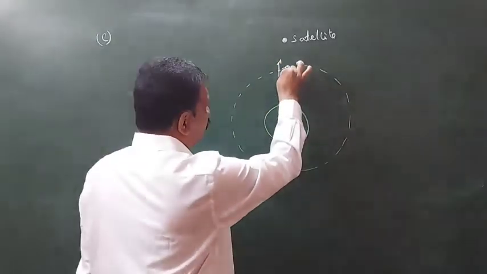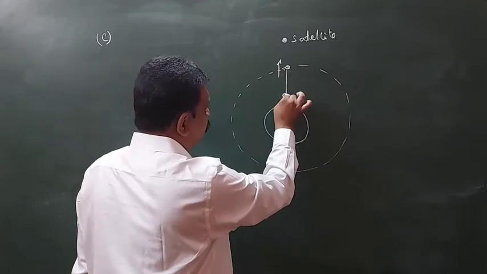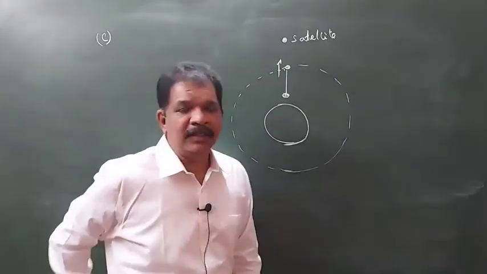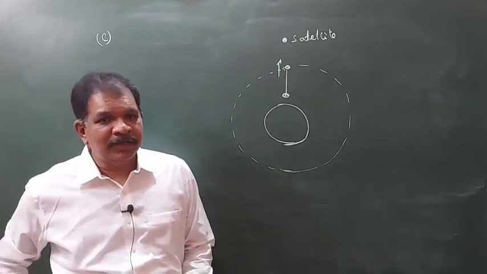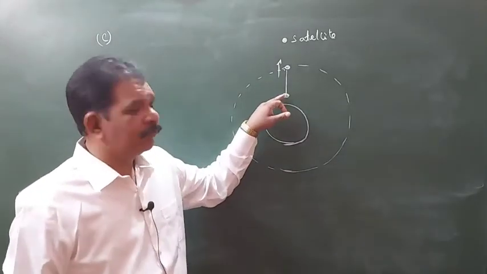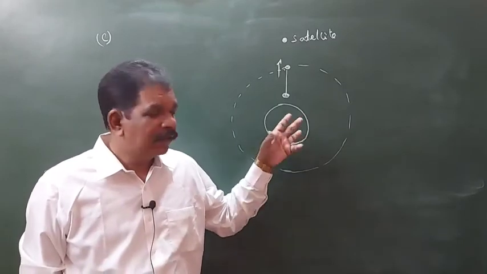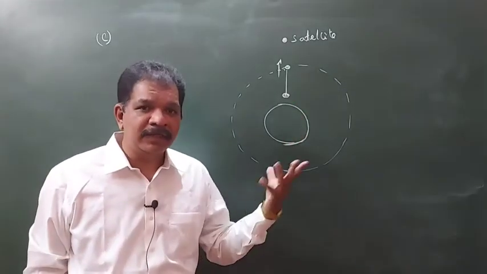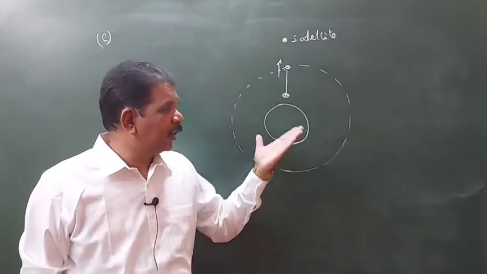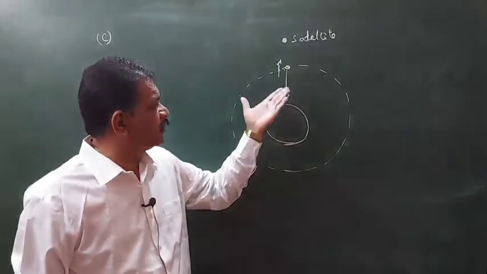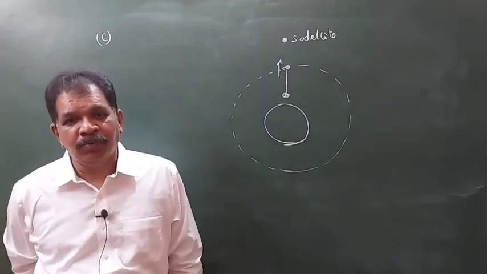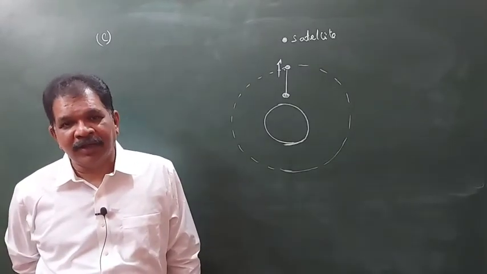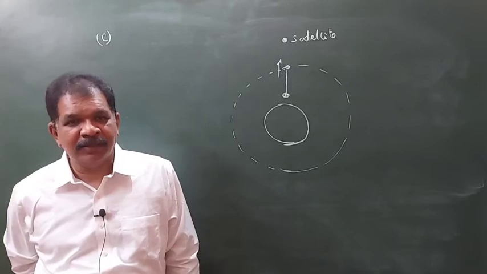But when the satellite is coming towards the Earth, its velocity will increase. Why? What is the reason? When it is coming closer towards the Earth, gravitational force will increase. So compared to this resistive force, gravitational force magnitude will be more. That's why its velocity is increasing.